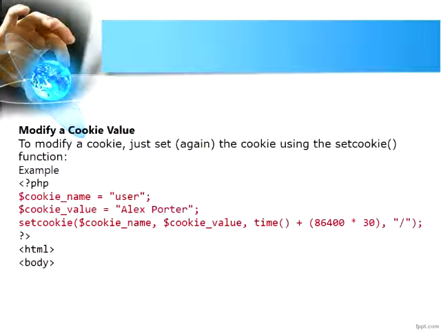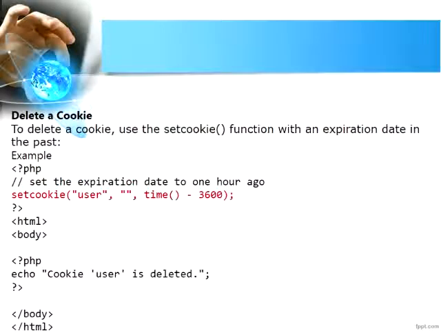No, I mean with PHP code. So with PHP code, we also use setCookie to delete a cookie. So to delete a cookie, use the setCookie function with an expiration date. So we will use an expiration date in the past.